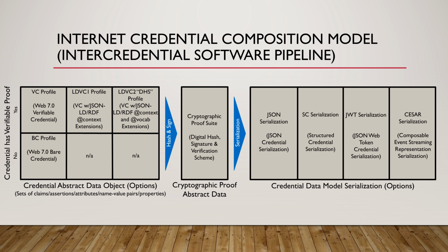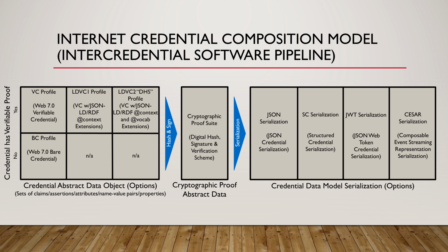So a last-minute addition to this tutorial on Internet Credentials is the concept of the InterCredential composition model or software pipeline. On the left side, you'll recognize the InterCredential architecture reference model. In the middle, we have different cryptographic proof suites that are used to compute digital hashes and signatures and also to perform verification of those signatures and hashes.